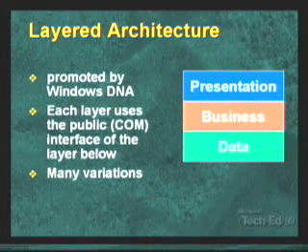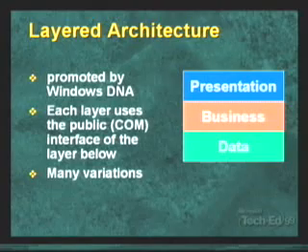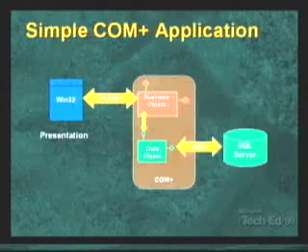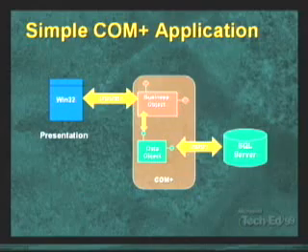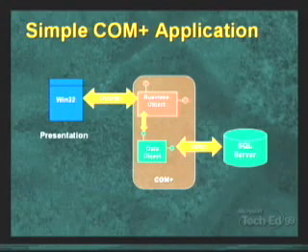There are many variations on this, and I want to show you a couple of examples that are very common in COM-based programming. The first is kind of the prototypical simple COM application, where you have a Win32-based or native application that uses DCOM to talk to some objects that are running usually on a separate machine within a COM+ environment.